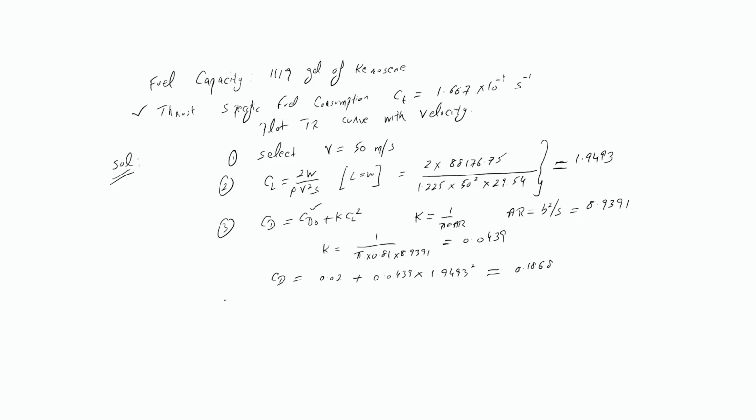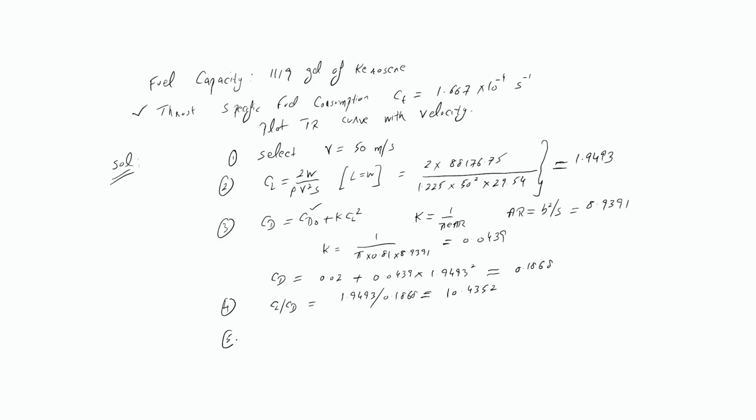Okay. Next is finding CL by CD. So 1.9493 divided by 0.1868. This comes out to be 10.4352. Okay, I am writing the approximate values.